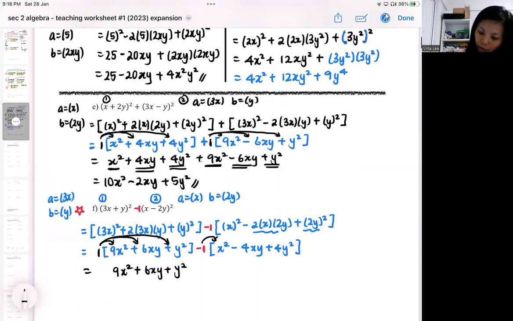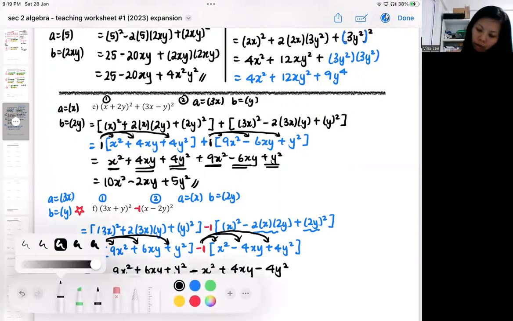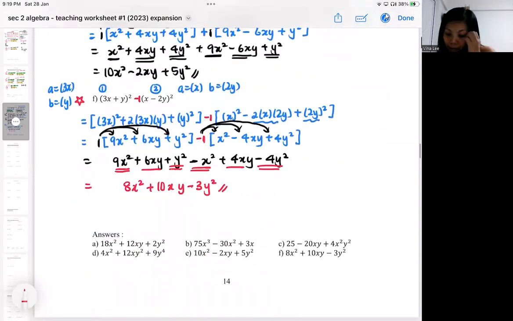Expand in the minus 1. This is the one that will change your sign. Then you group all the x squared. Group the xy. And finally, the y squared. Yeah, I get it correct. Yep.